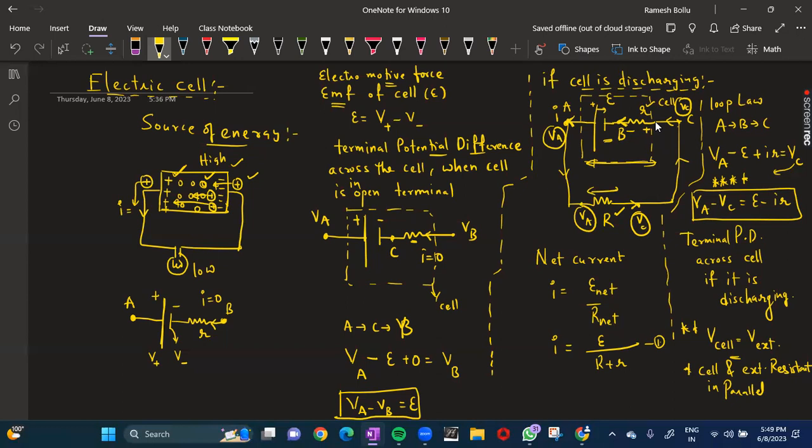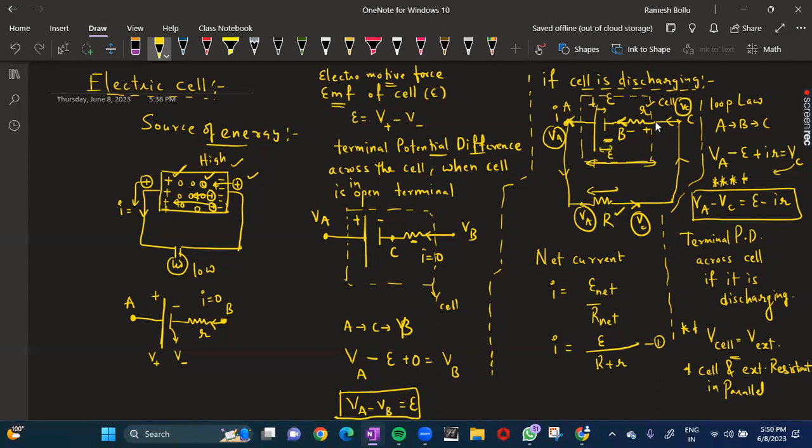Why negative is used? I am walking from A to B, from high potential to low potential, so the potential will decrease. So you should put minus here. And the voltage drop is how much?